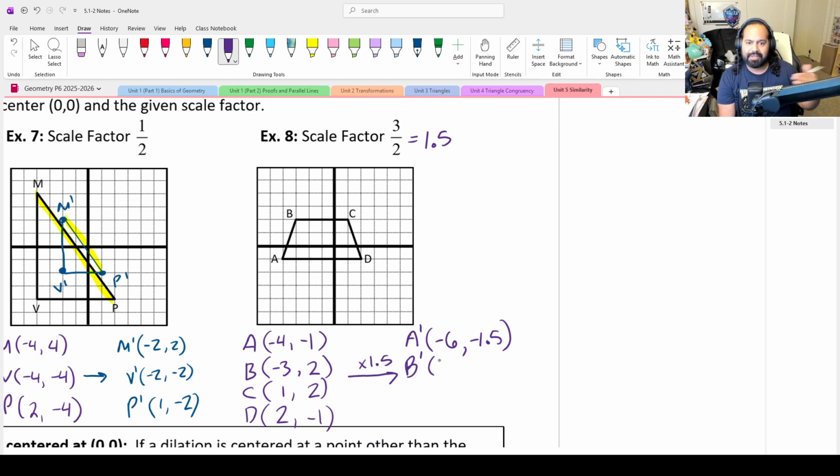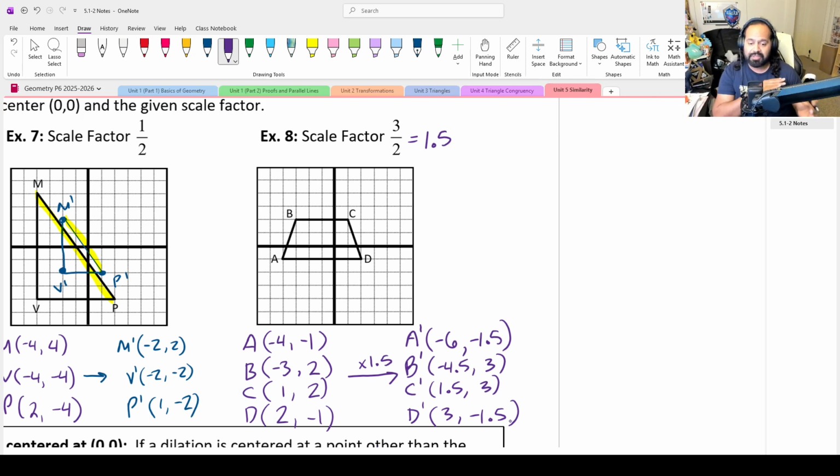So -3 times 1.5, that's -4.5. 2 times 1.5, that's going to get us 3. C prime, we're going to get (1.5, 3), same thing. And then D prime, we're going to end up with (3, -1.5).